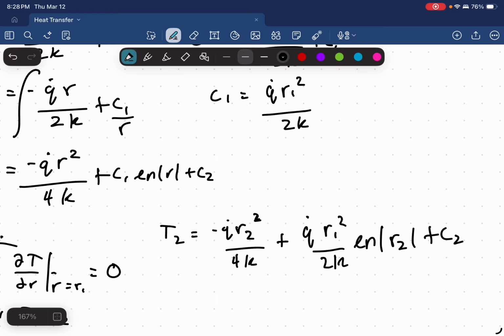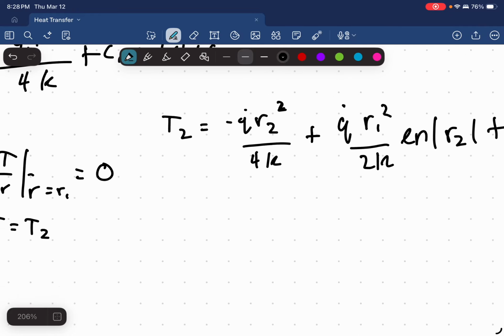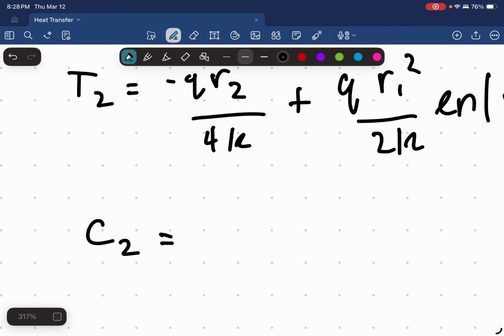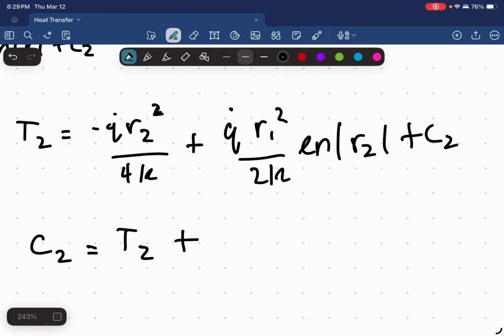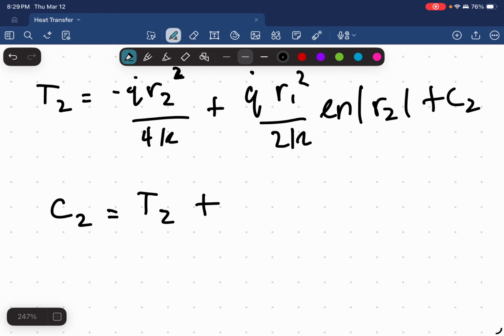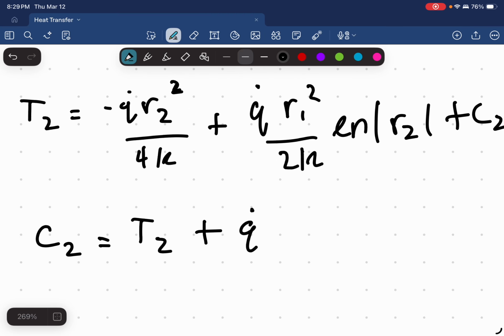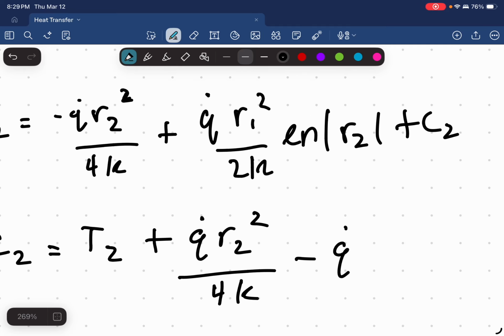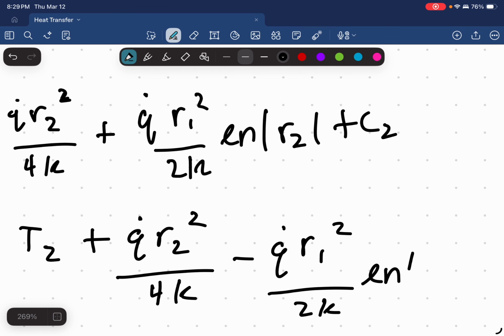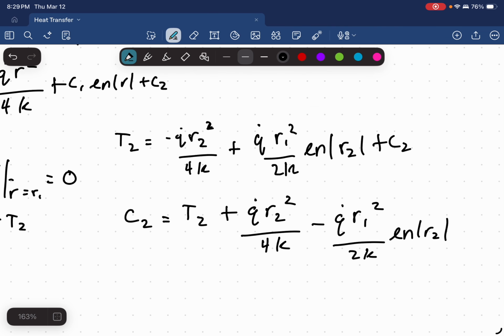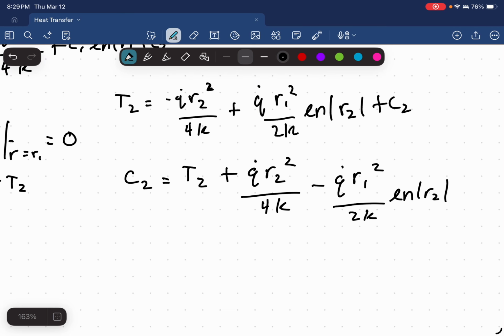Everything else is a known variable, so we just have to isolate this C2. So that means C2 is equal to T2 plus Q dot R2 squared over 4k minus Q dot R1 squared over 2k ln of R2, and that's what C2 is equal to.